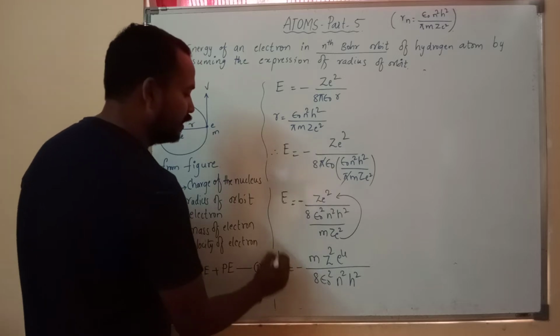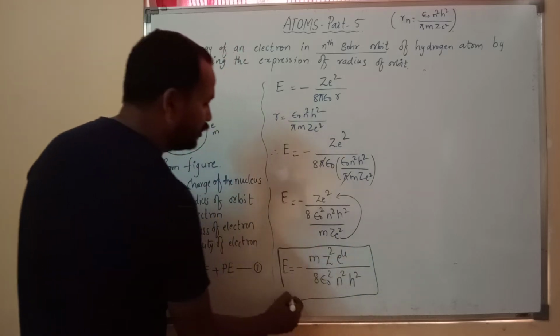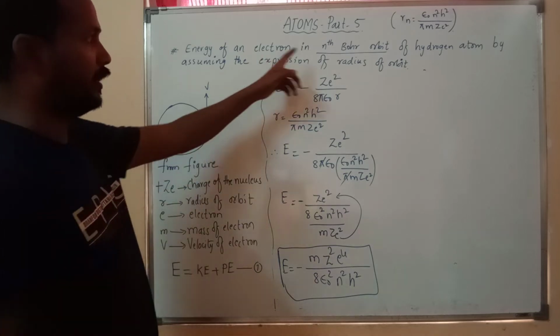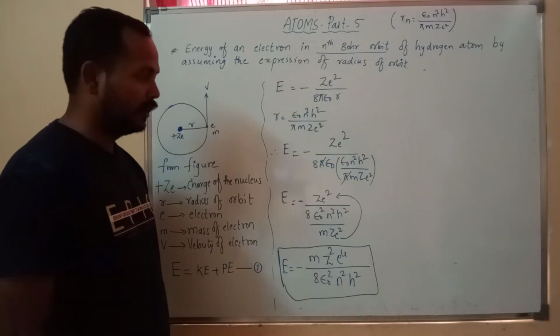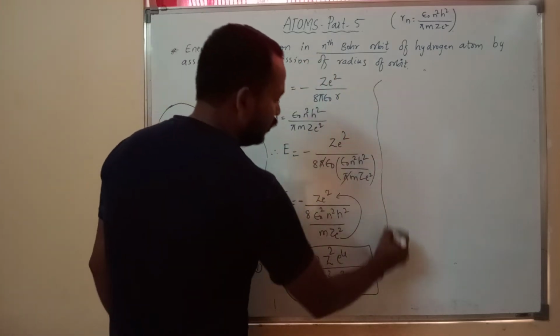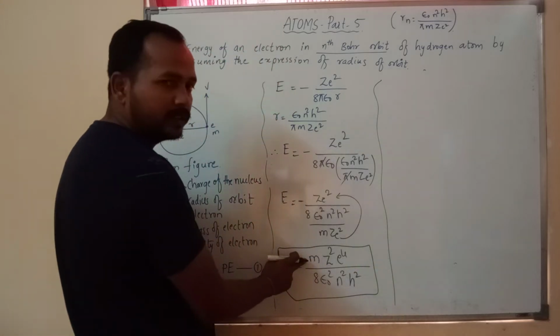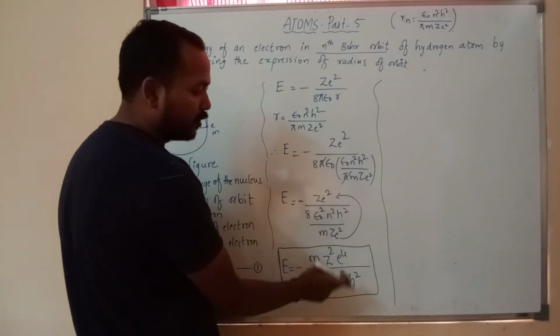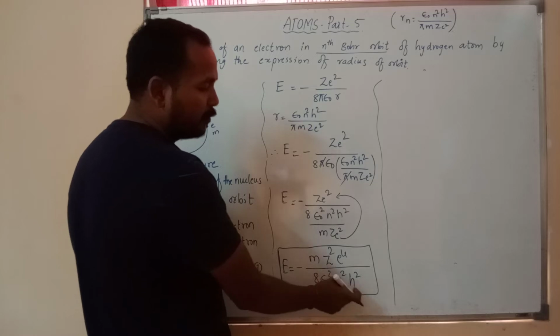So this is the equation of energy of an electron in the nth Bohr orbit of a hydrogen atom. Now we know the value of the mass of an electron, the charge of an electron, the absolute permittivity and Planck's constant.